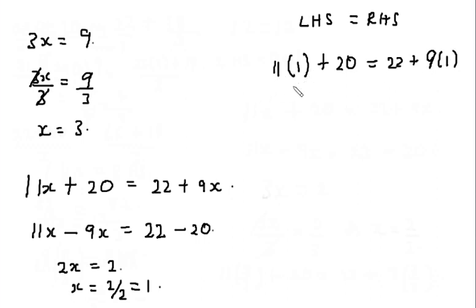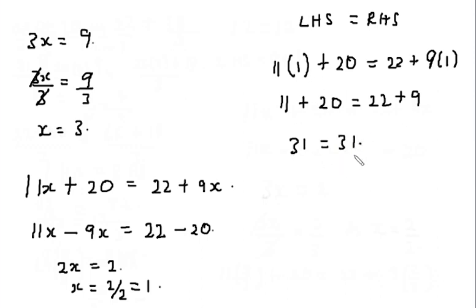Okay, so 11 times 1 is 11 plus 20. So this is 22 plus 9, 9 times 1 is 9. Okay, so we know that 11 plus 20 is 31, which is equal to 22 plus 9, which is also 31.